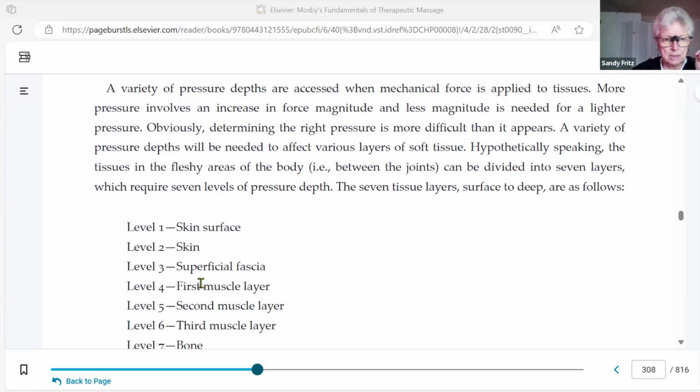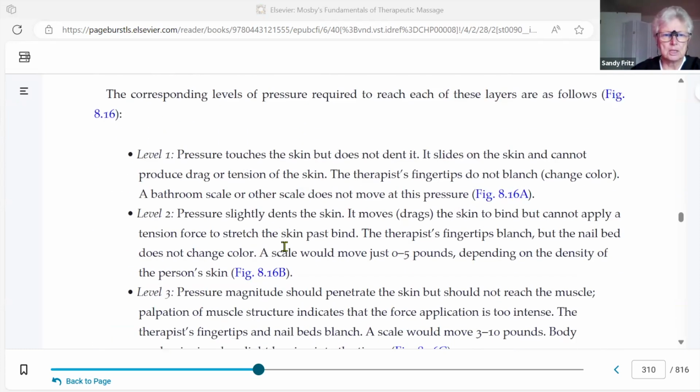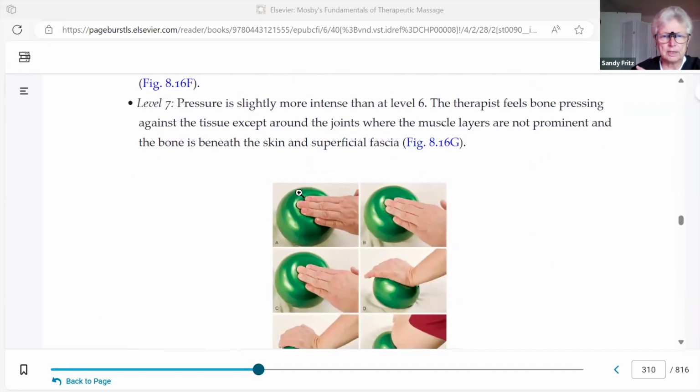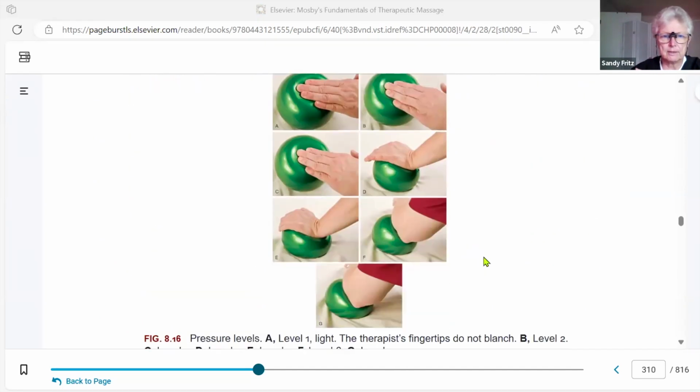Moderate would be level 3, 4, and possibly into 5. And firm would be starting at 5 and then going into a level 6 and 7. So there are figures here that are going to give you some variables on this.